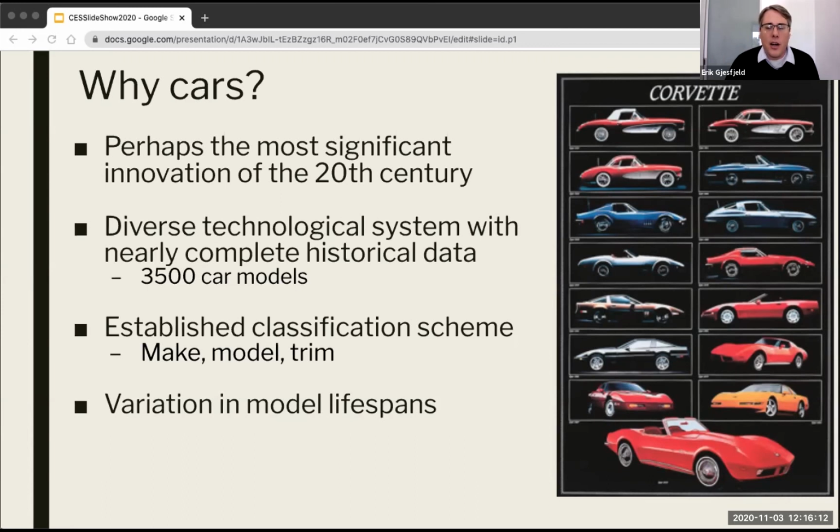Make being the manufacturer of the car, model name indicating what that is. Once again, that's our lineage. And then occasionally you'll have something more specific like the trim, which is a specific version of each particular model. We also have a wide variation in model lifespans, which made it useful for us to look at from a macroevolutionary perspective.